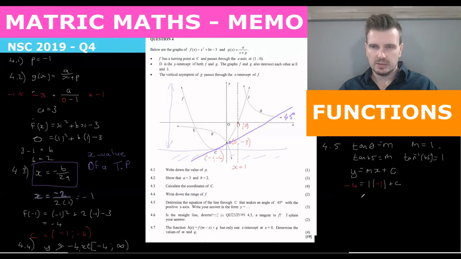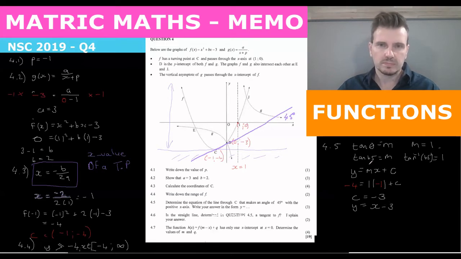So then that goes to the other side. -1 becomes +1 on the other side. So c equals -3. So the equation of the line is y equals x minus 3. Okay, not too difficult, and we can see that that's correct because it's going to go through this line here.